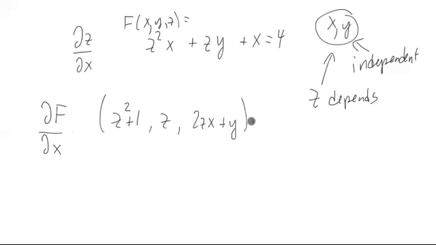Now, we're going to think about this as just being a function of x, so only one input, and think about x, y, z as being our outputs. So for our derivative, we're going to have 3 rows for the 3 outputs and 1 column for the 1 input x.